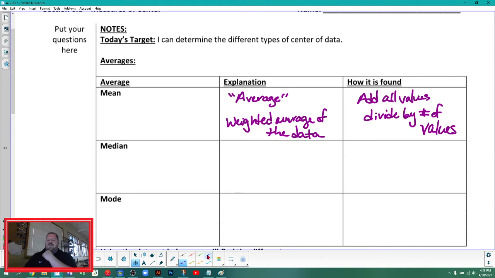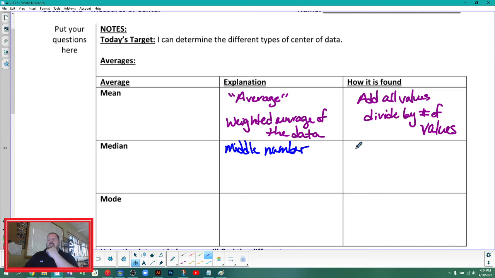The next one is the median. The median is what I consider to be the true middle number. If you look at all the numbers from smallest to biggest, it's going to be the one or ones that are right in the middle.